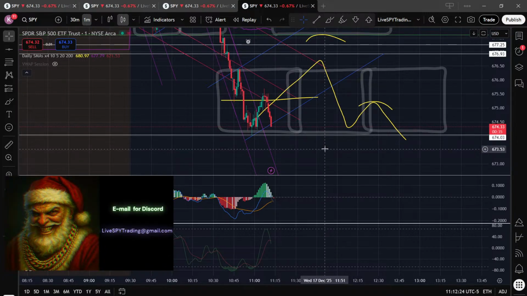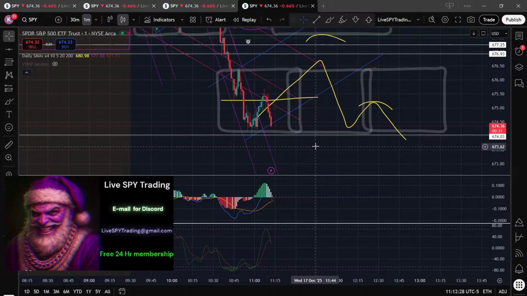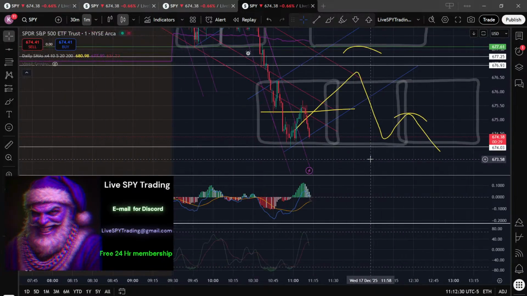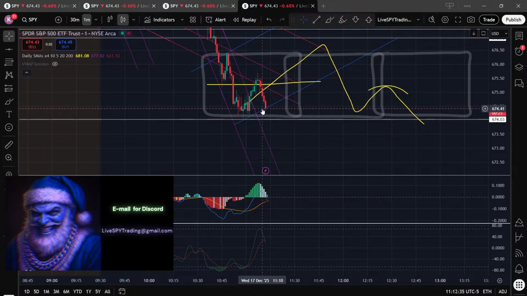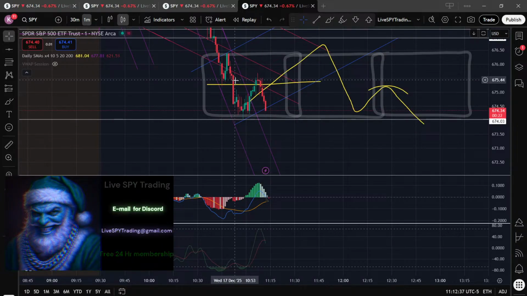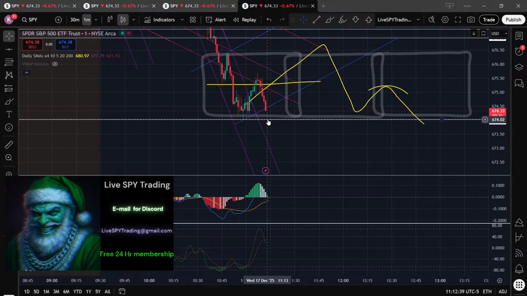I'd kind of be surprised if we just kept dumping from here. Look, I know this is going to be the break of blue, but you got to measure risk to reward. Key levels right here. Measure risk to reward on this break of blue.